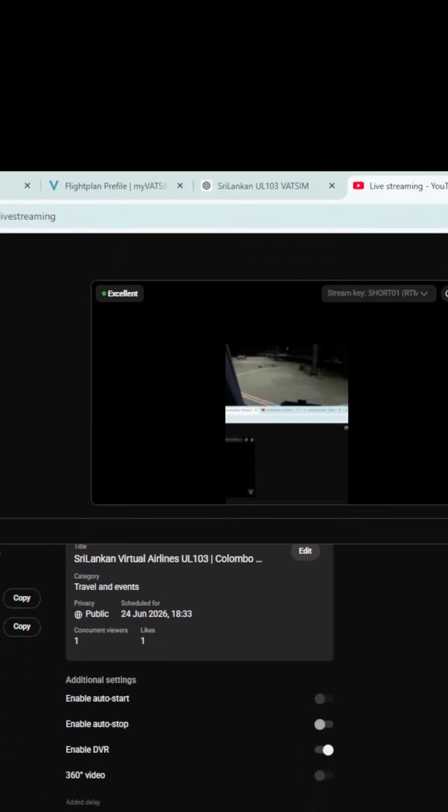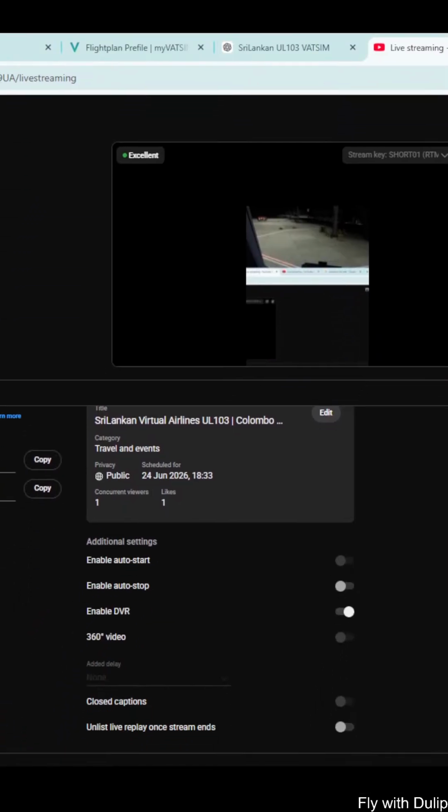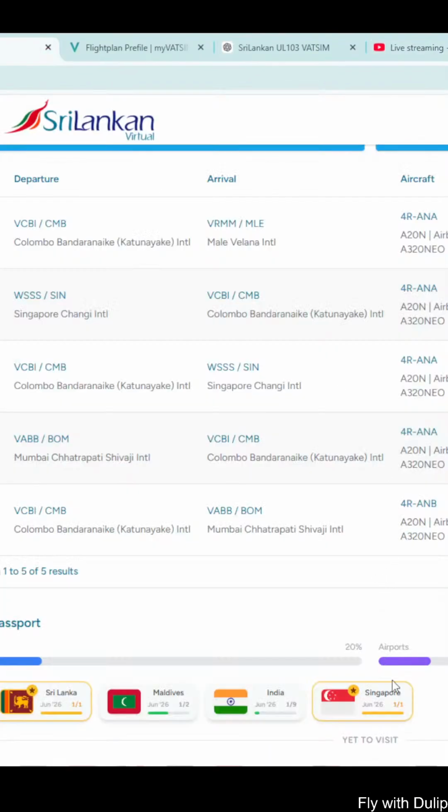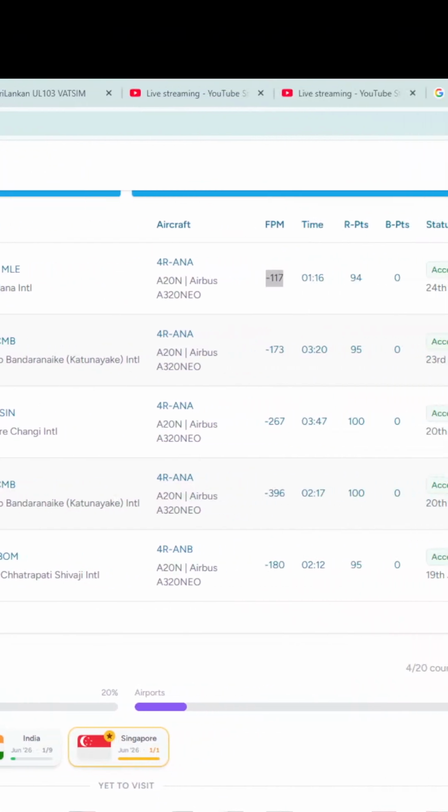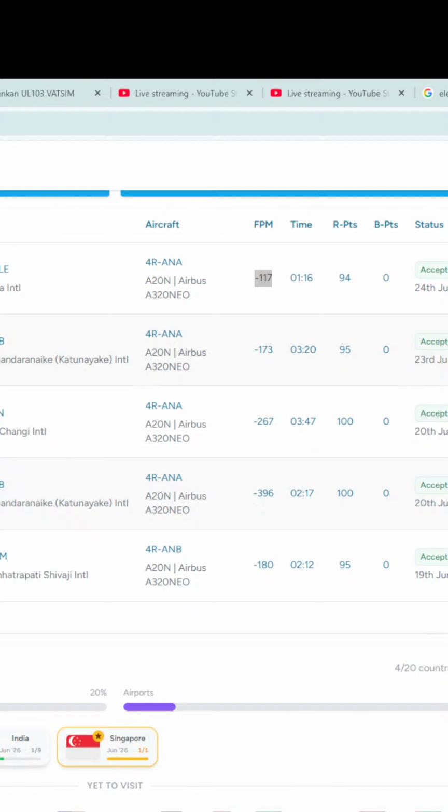And one more minute, I'll showcase that to you. Over here, look at this. This is the landing we did. This is, I think, one of the hardest landings. I mean, usually this is the honey spot for landing. Yesterday I did minus 173. 170 is a very good landing.